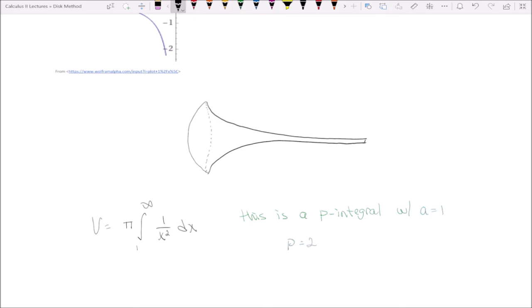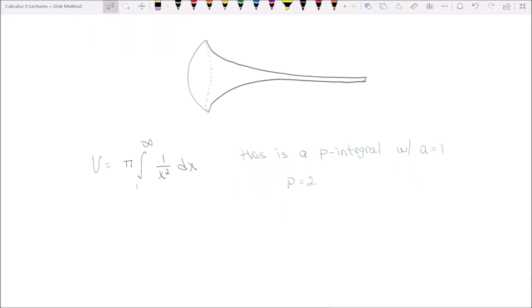Since this is of the form a to infinity, this converges because p is larger than 1. So we're going to get pi times, it converges, to a to the 1 minus p over p minus 1. Well, this is just 1. So we wind up with a volume of pi.